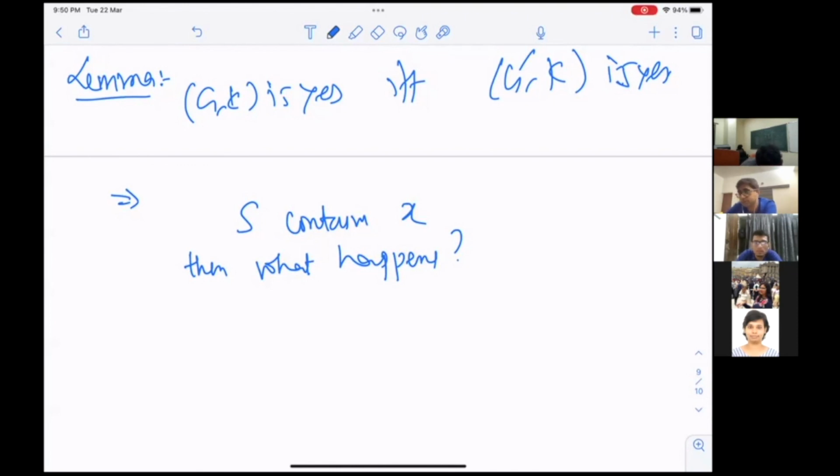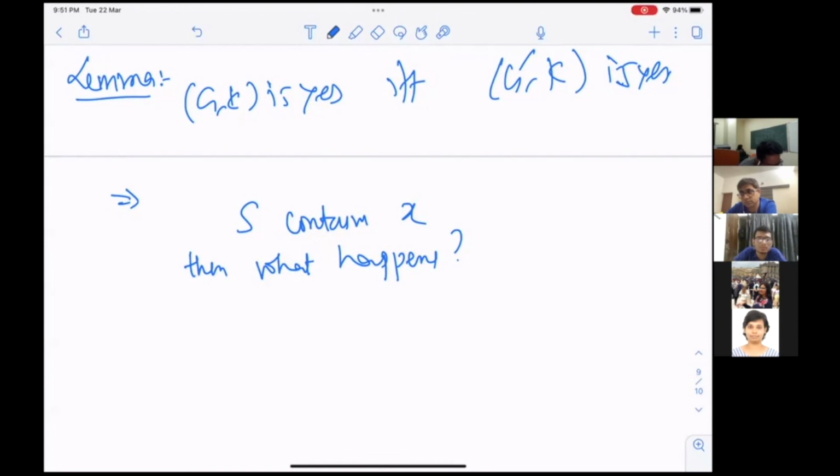Then all the neighbors of y and all the neighbors of z are in the vertex cover?